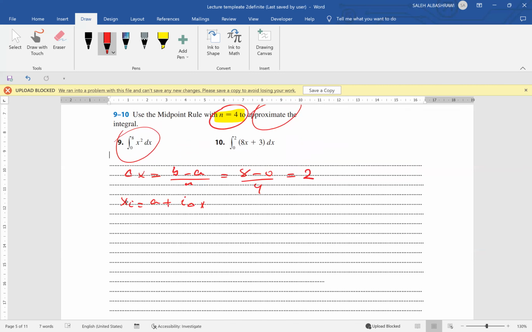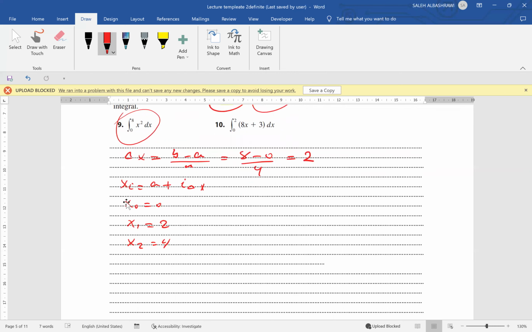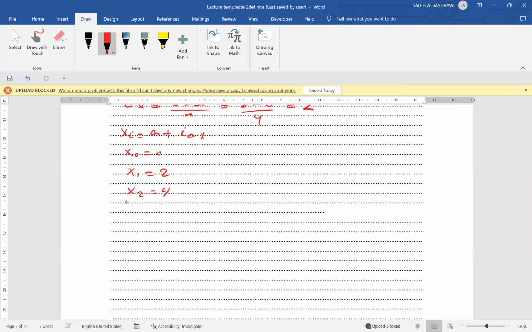So x0 is equal to 0. x1 is just adding 1 delta x, which is 2. x2 is equal to 4. x3 is equal to 6. And x4 is equal to 8.